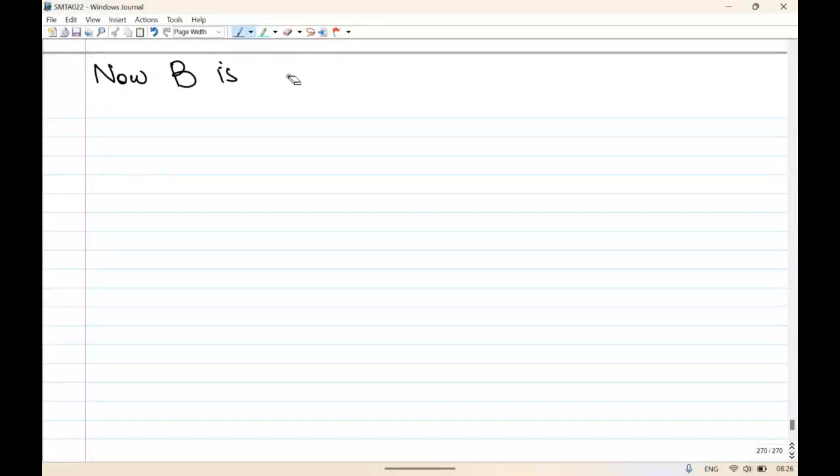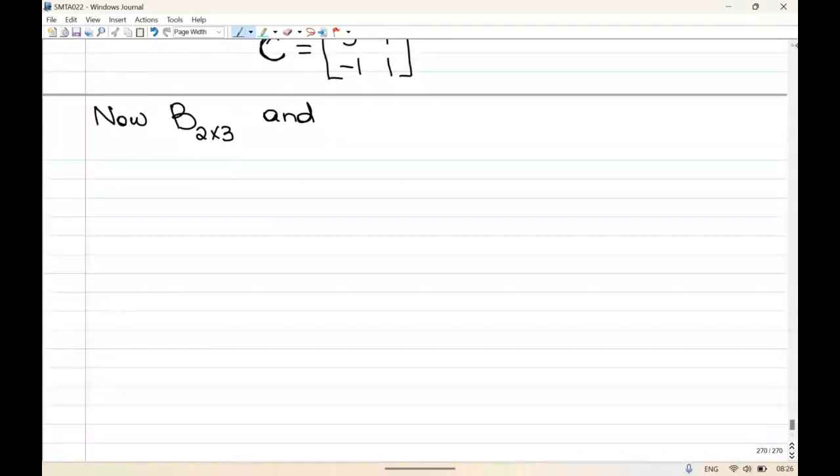Even if I know you are doing second level, colleagues, there's no need to write it out the way you are doing. Can I write this B as 2 by 3? And the C is 2 by 2. Is it fine?